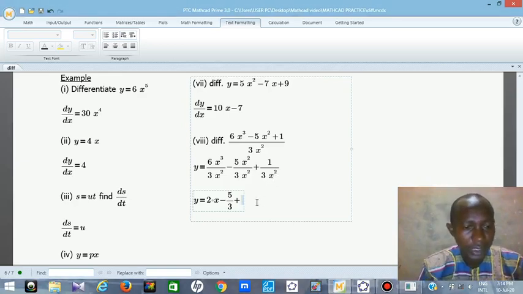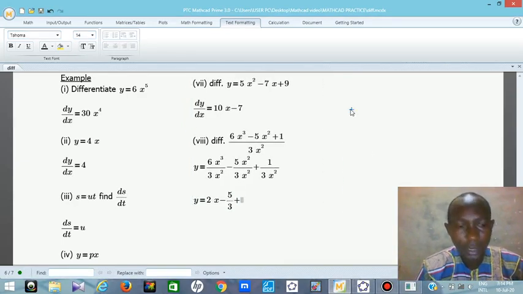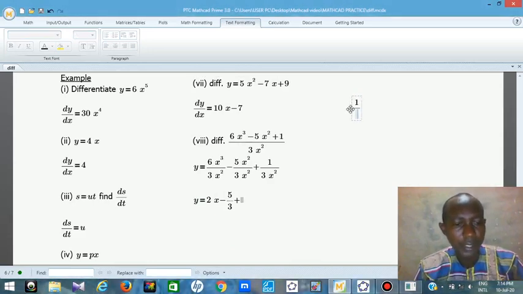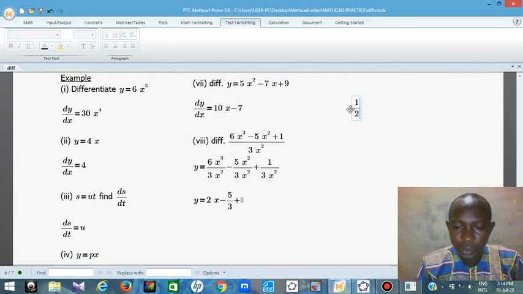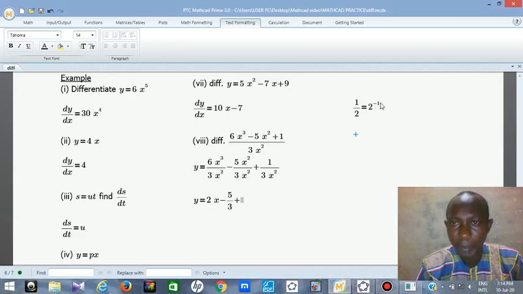Also from your knowledge of indices, you can turn it to something like this. Let me arrange it so that you get what I'm saying. If you recall, in indices, when we have 1 divided by a number, let's say 1 over 2 for example, 1 over 2 is the same thing as 2 raised to the power minus 1. You remember the negative index in the law of indices: 2 raised to the power minus 1 is the same thing as 1 over 2.